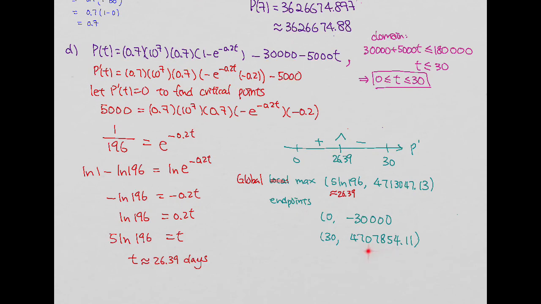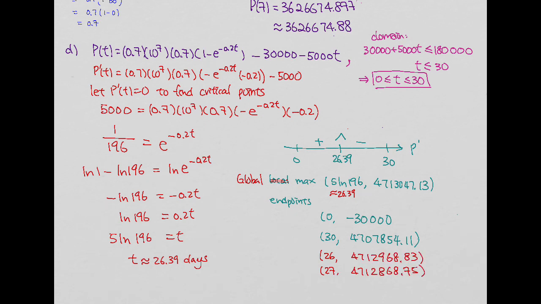After we find all the values for P, even though we can see this is the highest value, we cannot use it because these t values are not full days. So what we can do now is choose a value that is a little bit higher than 26.39 and a little bit lower than 26.39. So we're going to use T is 26 and T is 27 and compare the profit again.